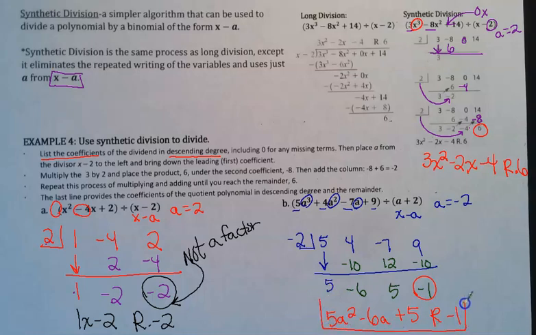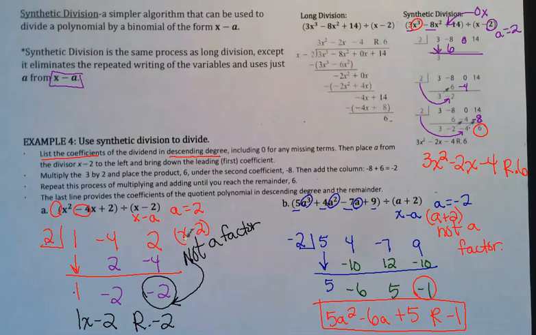This is the answer to my division, but a plus 2 is not a factor either because we have a remainder. So a plus 2, maybe I should write that, is not a factor. Just like here, x minus 2 is not a factor.